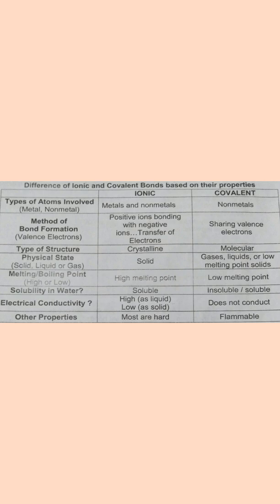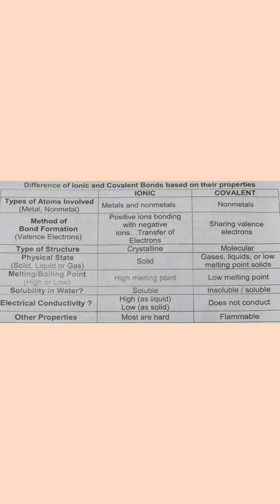In terms of physical state, whether it is solid, liquid, or gas, ionic is solid, while covalent can be gases, liquids, or low melting point solids. In terms of melting or boiling point, ionic has a high melting point, while covalent has a low melting point.